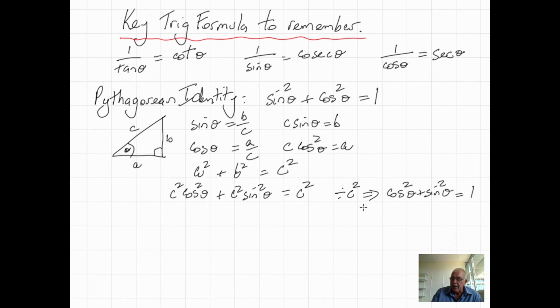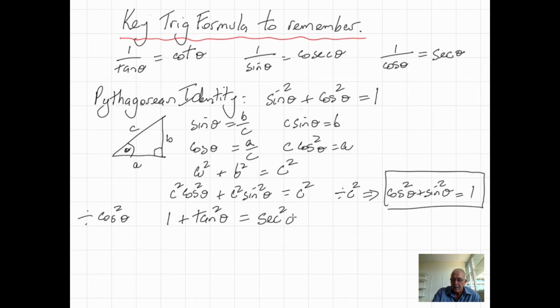From the Pythagorean identity, if we divide right through by cos squared theta, you get cos squared over cos squared, which is equal to 1, plus sine squared theta over cos squared. Sine over cos is tan, so that'll be tan squared theta, equals 1 over cos squared theta, and we've already seen that 1 on cos is equal to sec, so that'll be sec squared theta.